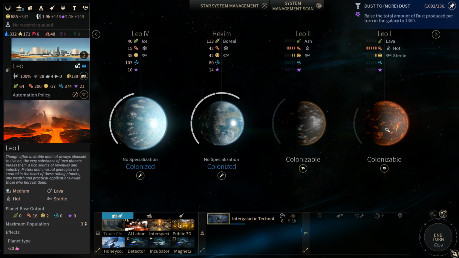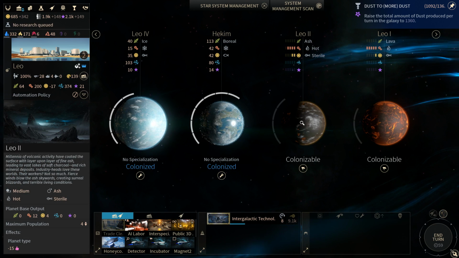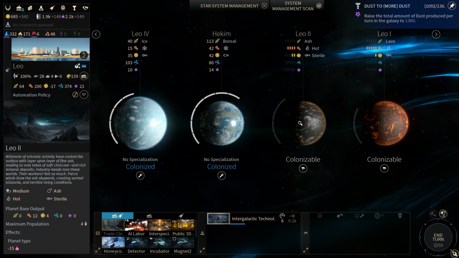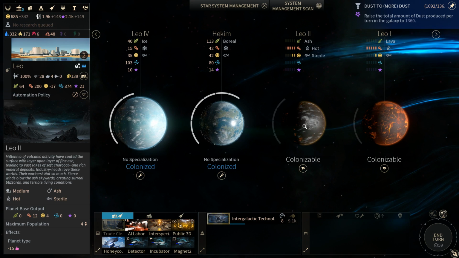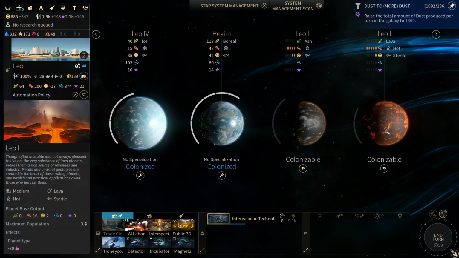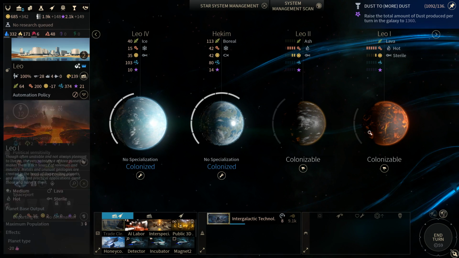So that's the same. However, this one would produce 3 times 2 dust is 6 dust, and this one would produce 4 times 4 is 16 dust. So this one would be much better with dust. Then also the happiness hit is less. So this one has minus 15 happiness from living here, while this one has minus 20. Lastly, they cost different amounts to colonize.